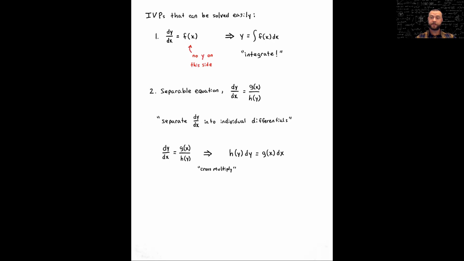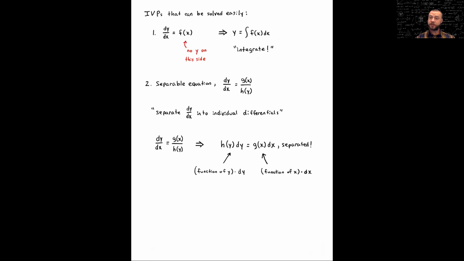If we do this, we get this particularly nice form for this separable equation, where we have individual functions multiplied by an appropriate differential. So on the right side, we have a function of x times dx, and on the left side, we have a function of y times dy.